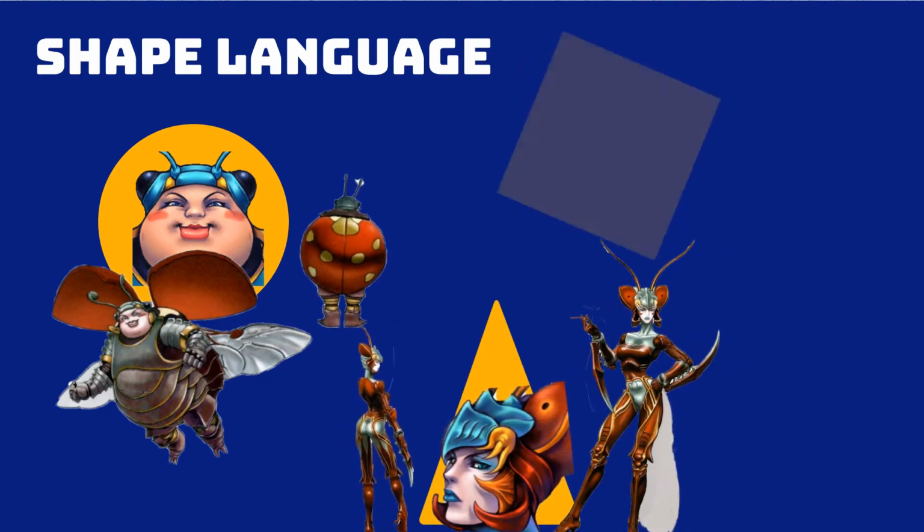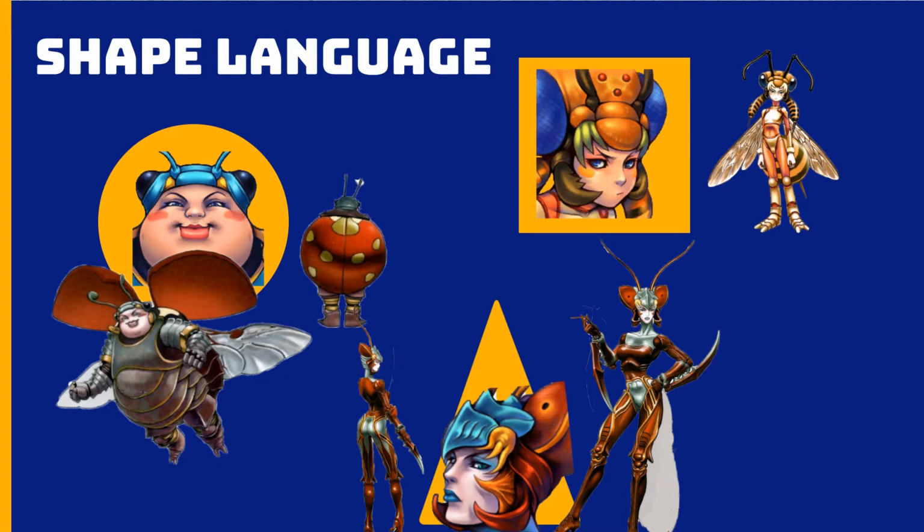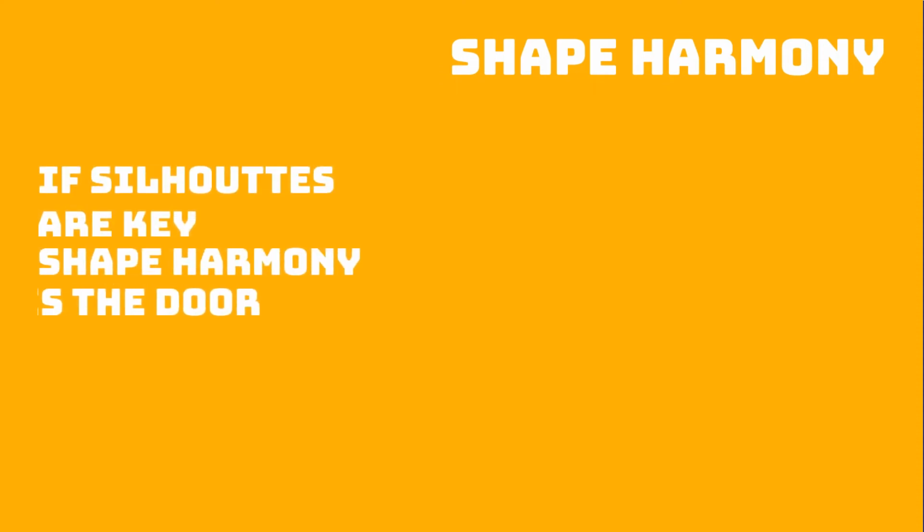Notice how each of them have an extremely different silhouette, different overall shapes, yet they're all tied together due to the insect archetype theme. Cindy comes off as round and jolly, Sandy comes off as sharp and dangerous, and Mindy comes off as stubborn and annoying because of her square-like shape. And that's our introduction into shape harmony. If silhouettes are key, then shape harmony is the door.